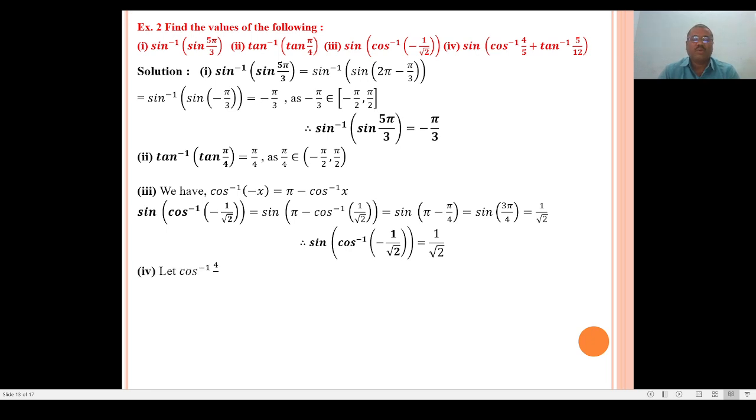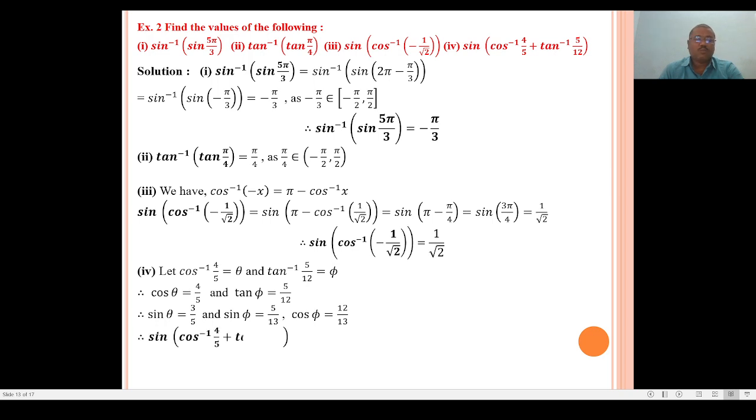And fourth one, let cos inverse 4 by 5 equal theta and tan inverse 5 by 12 equal phi. So cos theta equals 4 by 5 and tan phi equals 5 by 12. So sin theta equals 3 by 5 and sin phi equals 5 upon 13 and cos phi equals 12 upon 13.